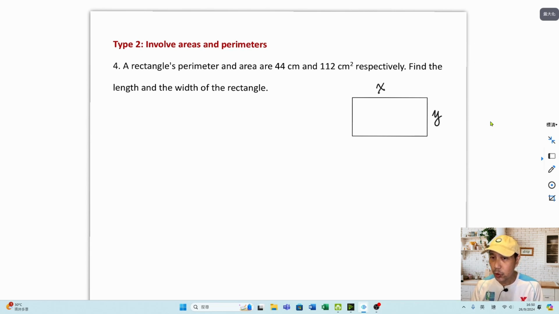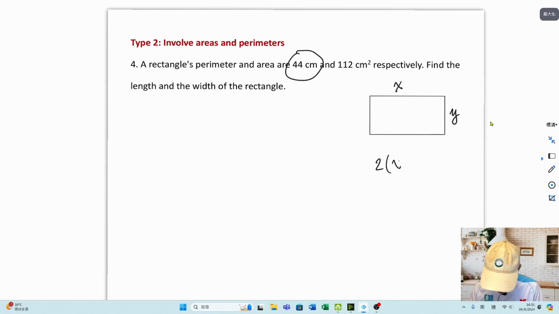Later, I will try to use the information to express y in terms of s. The rectangle has perimeter 44 cm. Now, how do we use 44 cm? We know that the perimeter is equal to 2 times length plus width, which is equal to 44.